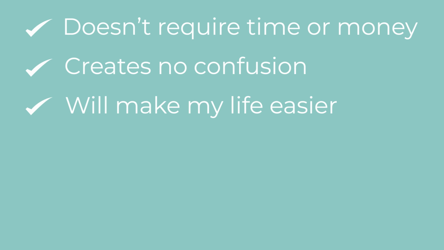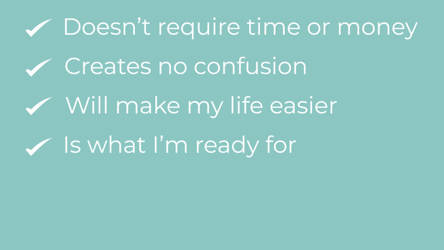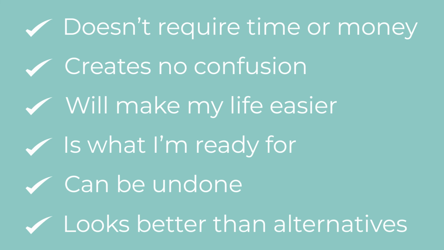Or will it make my life even harder by taking me down a path I then have to find my way back from? Am I actually ready to go where this button leads? Once I click, do I have reason to believe I can find my way back? And if there's another button in the vicinity, is that button making matters even worse? Do other nearby buttons look like the better place for me to go? Do all buttons look like the right place for me to go and thus none of them actually do?